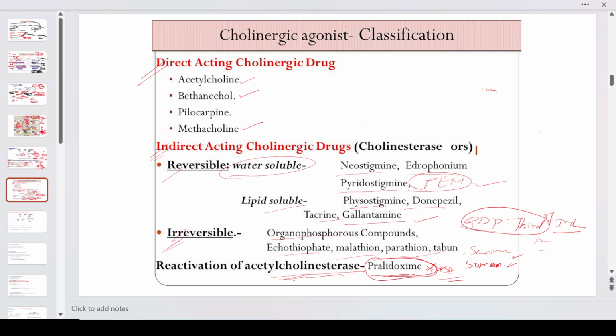This pralidoxime regenerates the acetylcholinesterase activity. So just remember, the acetylcholinesterase reactivator is pralidoxime.